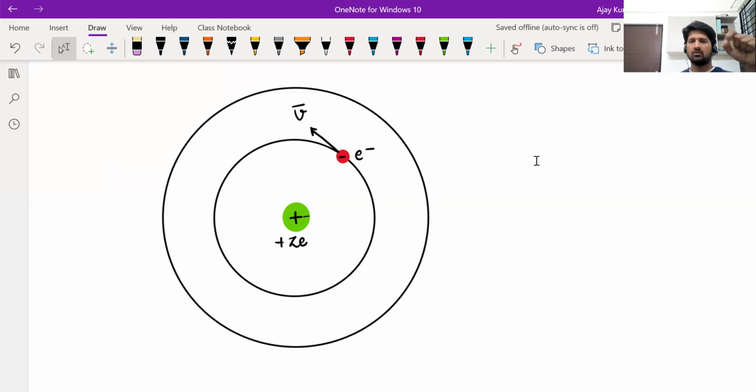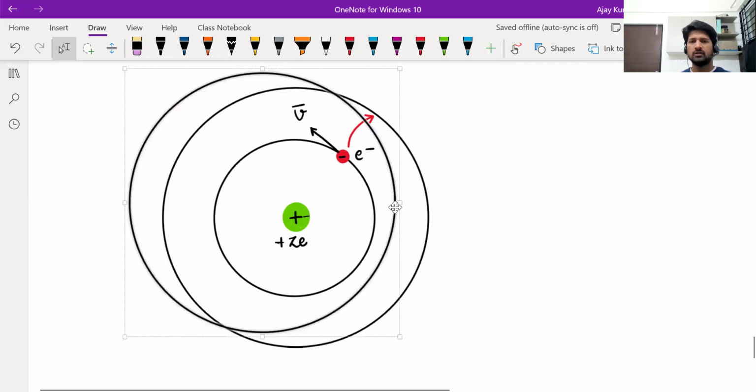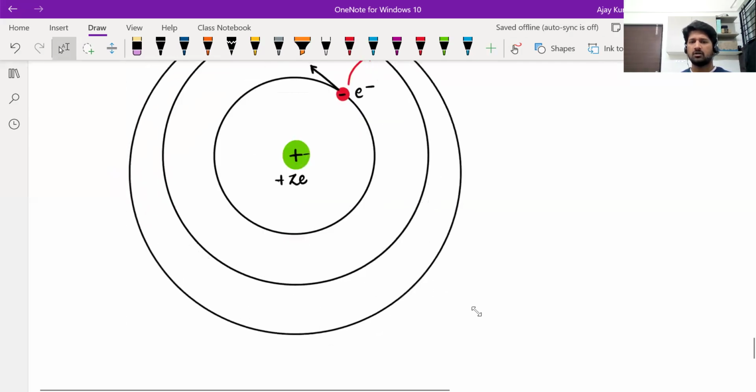Now that electron, which is in one of the stationary orbits, can choose which photon to accept and which photon to not accept. The electron will only accept or absorb those photons which will help it move from one stationary orbit to another stationary orbit. So it is not going to accept all the photons that you throw at it.